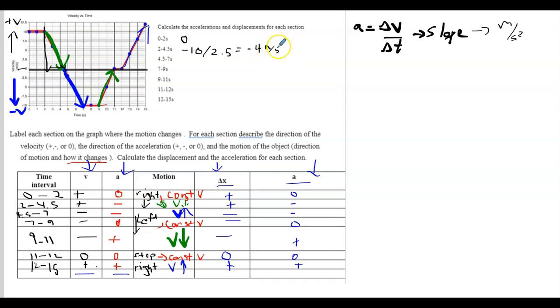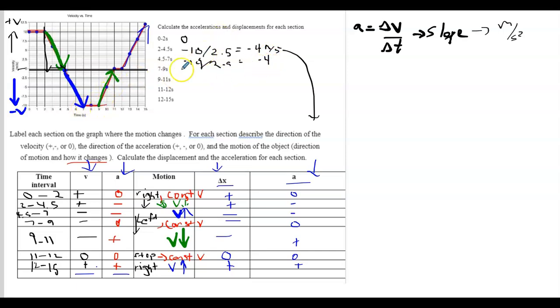And I'm going to stop writing this unit all the time because it slows me down, but it's the same for all these. All right. So from 4.5 to 7, it drops another 10 in 2.5. So it's the same answer. It's still a negative 4.